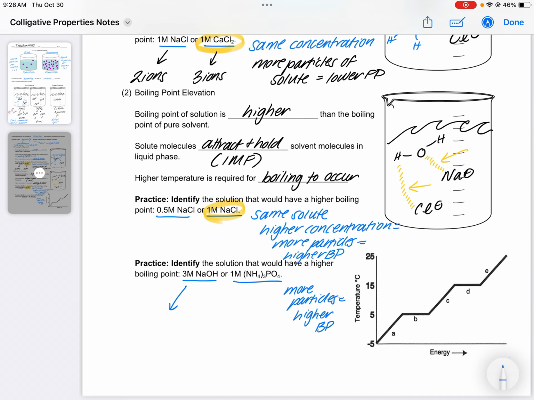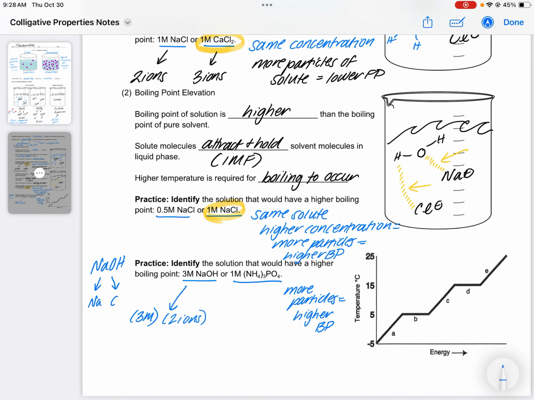So NaOH, we know it has a 3 molar, that's its concentration. This molecule is going to end up splitting into 2 ions. We have to recognize that we're going to split my compound into metals and nonmetals.